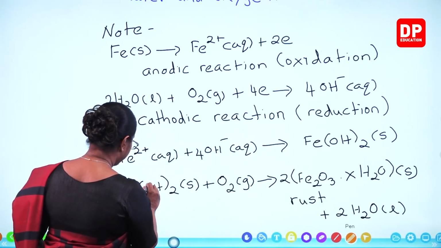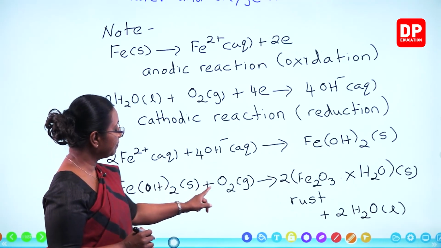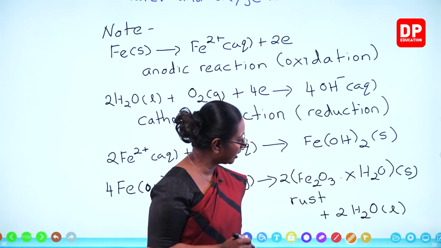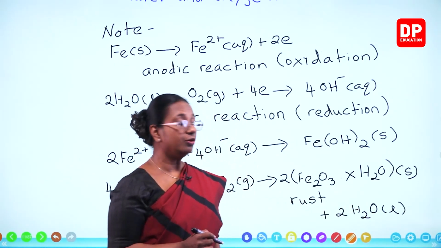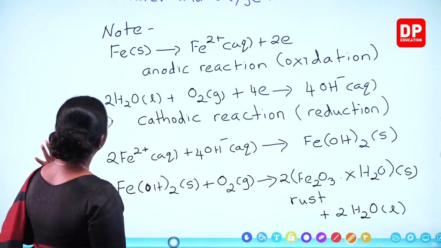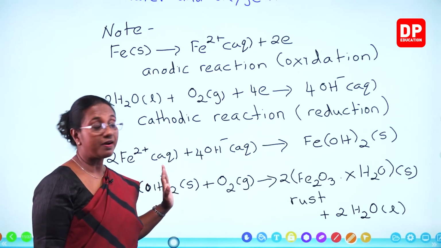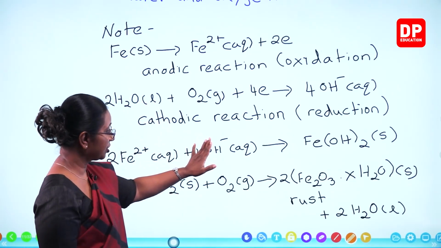Now this is Fe(OH)2. 4 Fe(OH)2 solid plus oxygen gas gives rise to 2 Fe2O3·xH2O solid, that is the rust, and 2 water molecules. So here, students, we looked at the process where rusting of iron takes place. I explained the anodic reaction and cathodic reaction to you all.